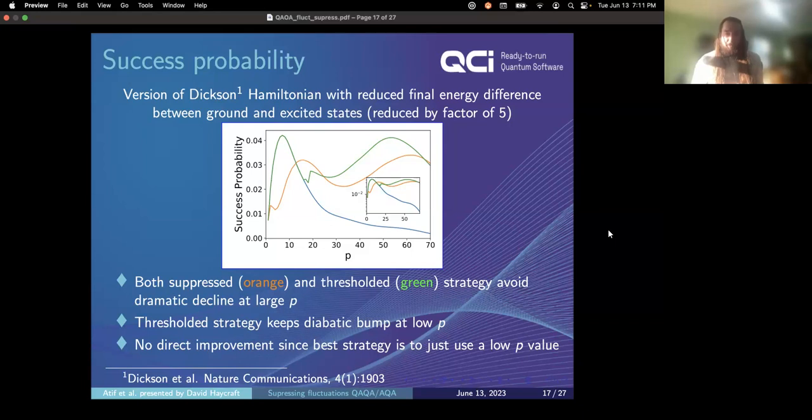For this particular problem, suppression and thresholding did not offer improvement at low depths, where the best success probabilities are yielded for this problem. However, as we see in the mid-teens, the suppressed and thresholded versions do outperform the unmodified version.